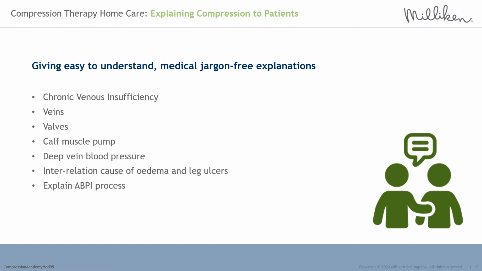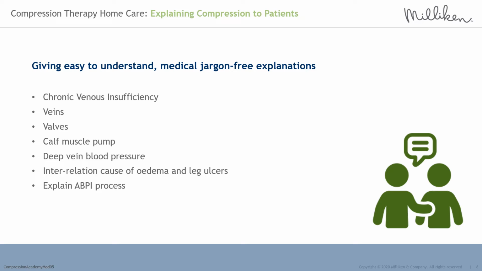Explaining compression to patients, giving easy to understand, medical jargon-free explanations. Chronic venous insufficiency. Explaining when the blood pressure in the deep veins of the lower leg is higher than it should be. That this affects the pressure and return of blood flow effectively. This can be complex and challenging to explain to our patients.